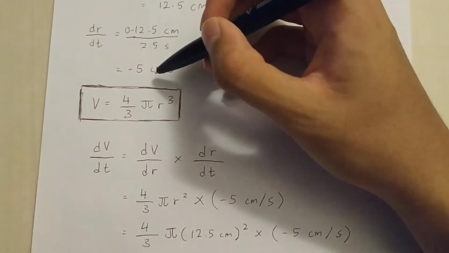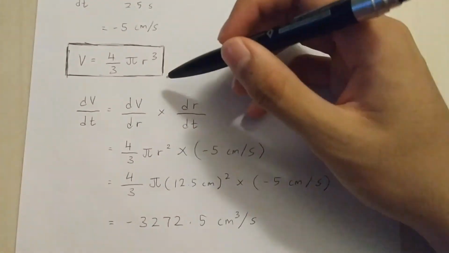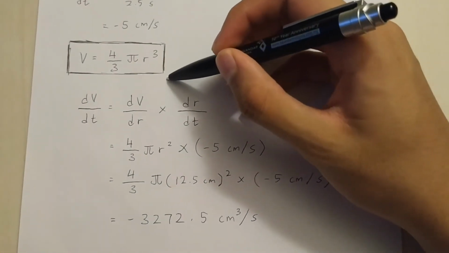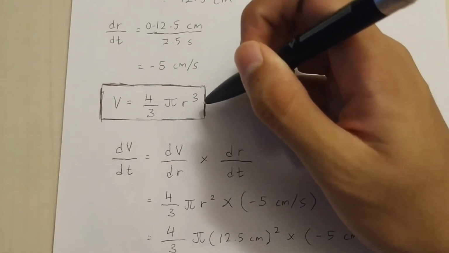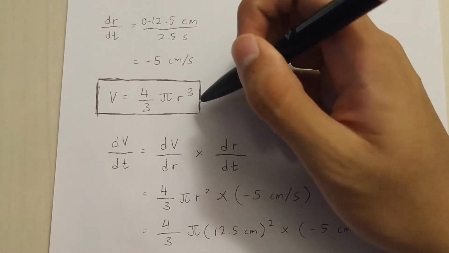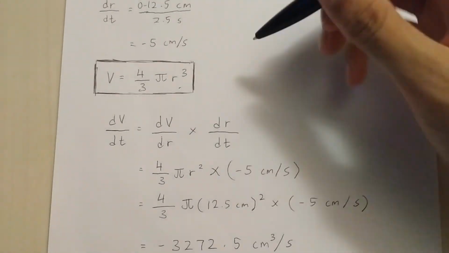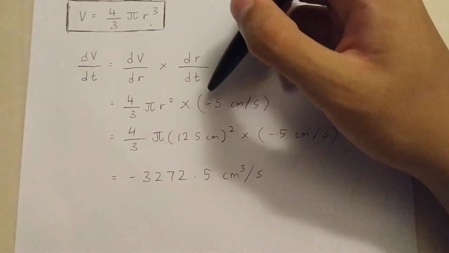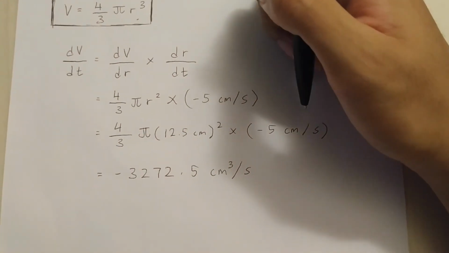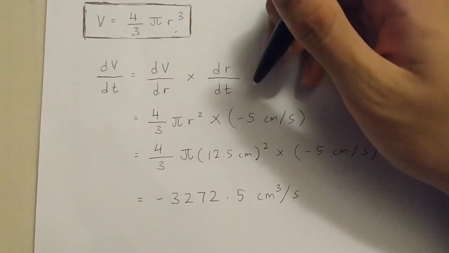We get a negative value because the balloon deflated. This is the formula for the volume of a sphere, as we assume that the balloon is spherical. This is the solution for the rate of change of volume.